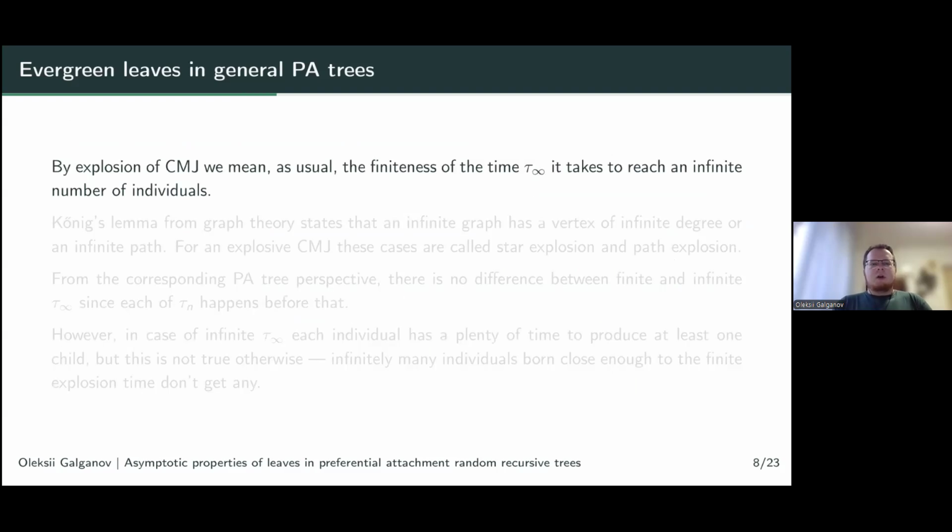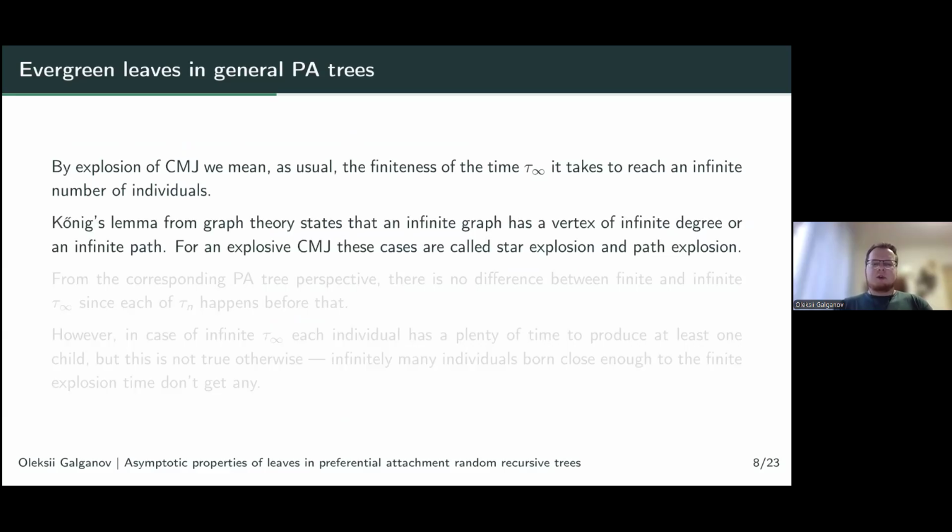By explosion of this Crump-Mode-Jagers process, we mean, as usual, the finiteness of the time tau infinity it takes to reach an infinite number of individuals. And by Koenig's lemma from graph theory, we know that an infinite graph has a vertex of infinite degree or an infinite path. For an explosive CMJ, these cases are known as star explosion and path explosion.